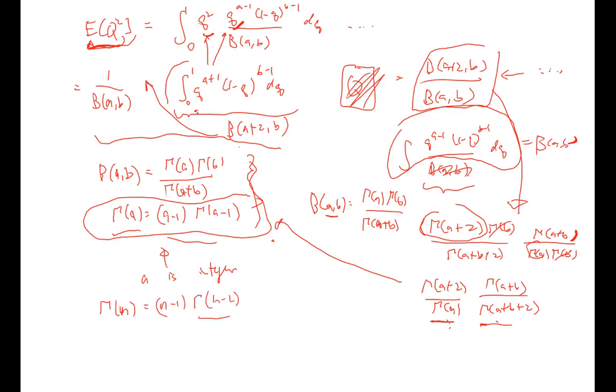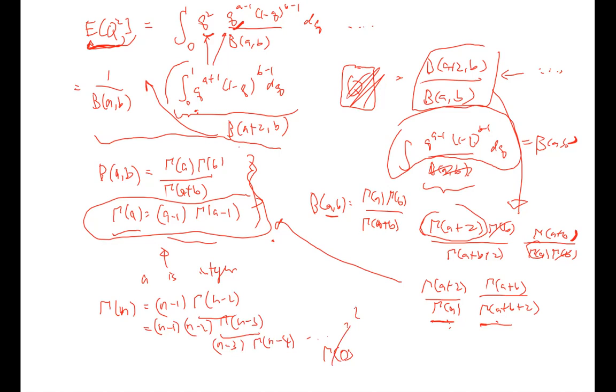Now gamma n minus 1 is equal to n minus 2 times gamma n minus 2, and gamma n minus 2 is n minus 3 times gamma n minus 3, and so on and so forth. Eventually you get gamma 1 if you have an integer, and gamma 1 is equal to 1.